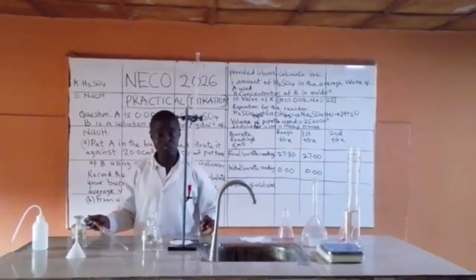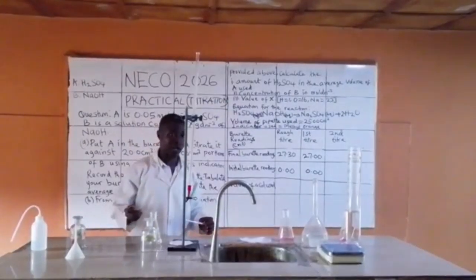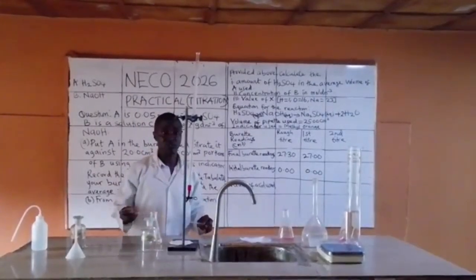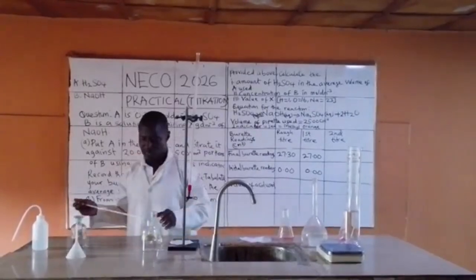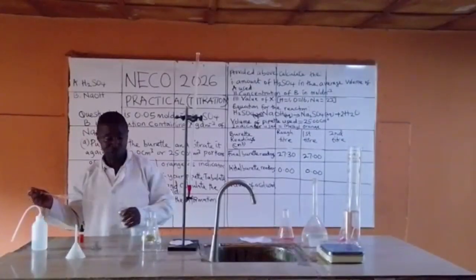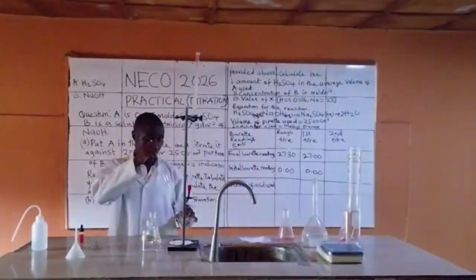In order to get the second titer, after the first titer has been gotten, another 25 cm³ of base will be drawn.